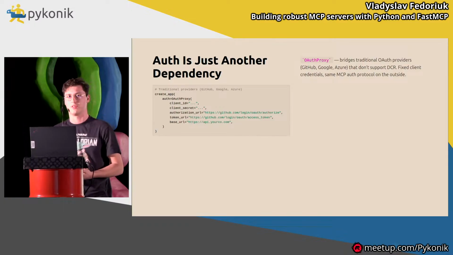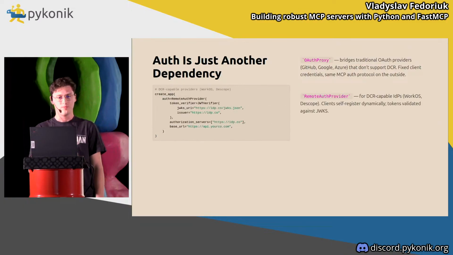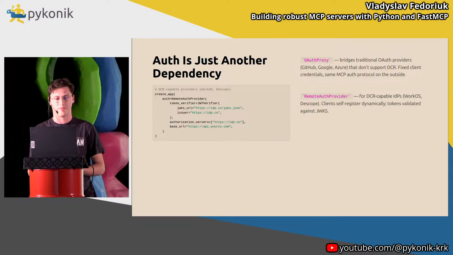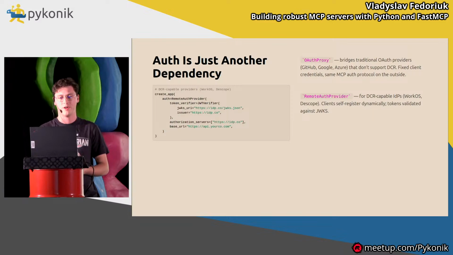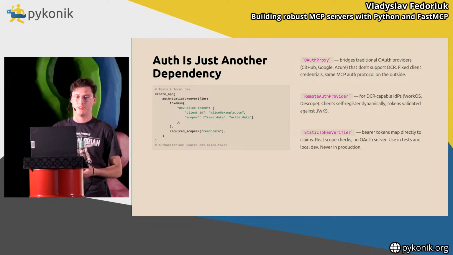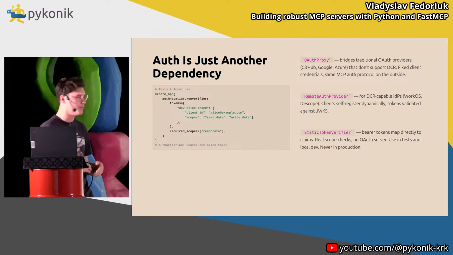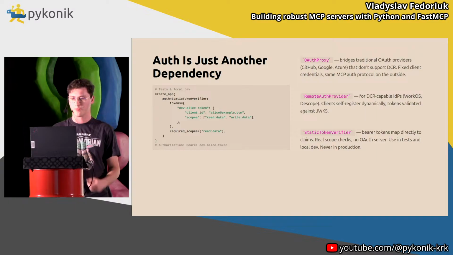For example, they do not support dynamic client registration, so you would need to use an authentication proxy for that. Or if you're building an MCP server for internal company usage, and you already have a DCR-compatible provider such as WorkOS, you could just use a remote OAuth provider. And when you're developing or writing tests, you can just inject a static token verifier with pre-built fake tokens and use those just by providing this authorization token value.